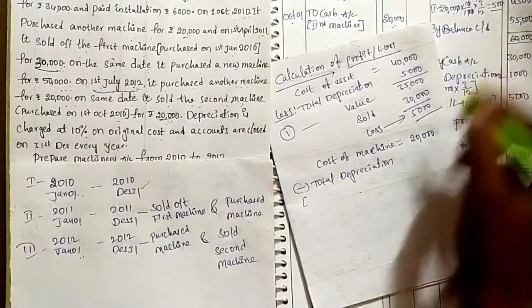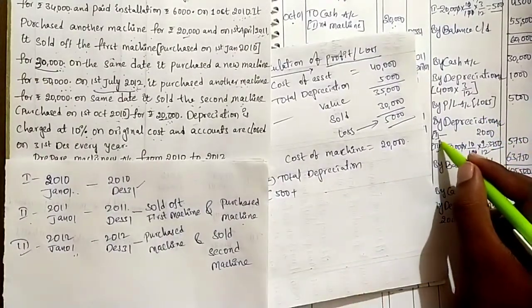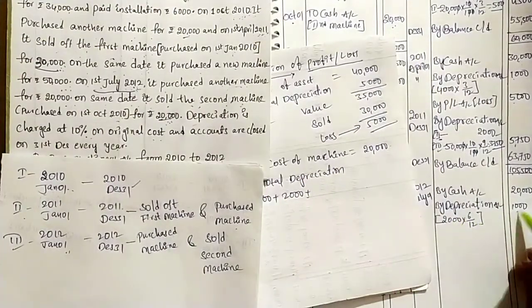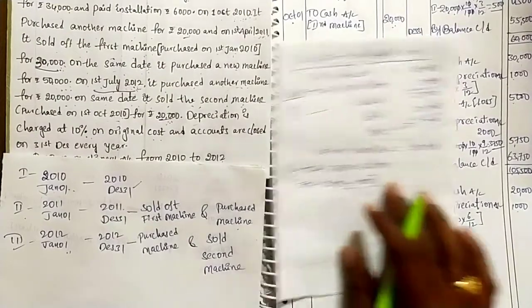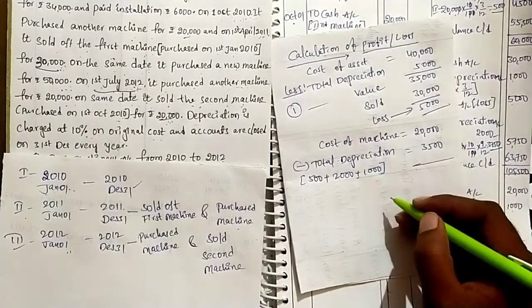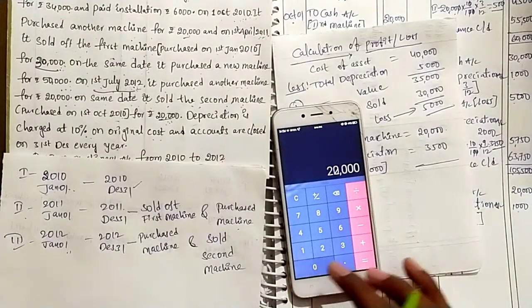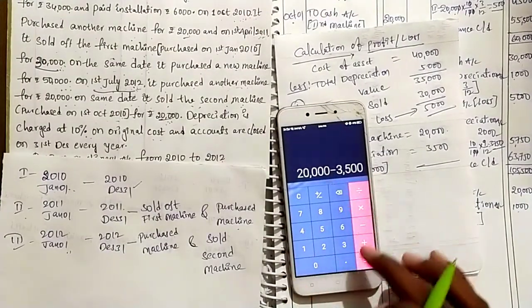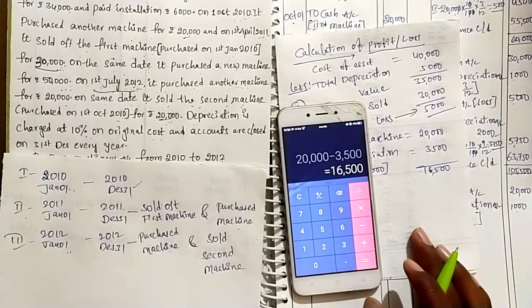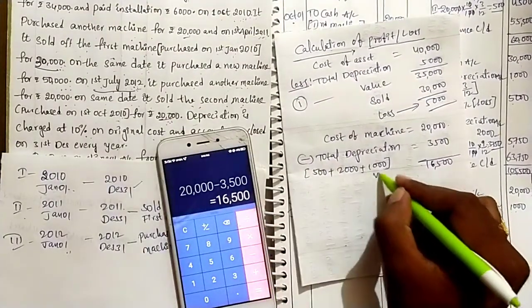In the first year we provided 500, plus in the second year we provided depreciation for the second machine 2,000. In the third year we provided depreciation 1,000 rupees. See this, 3,500 rupees. 20,000 minus 3,500, 16,500 rupees. So this is the value, the actual value on July 1st.